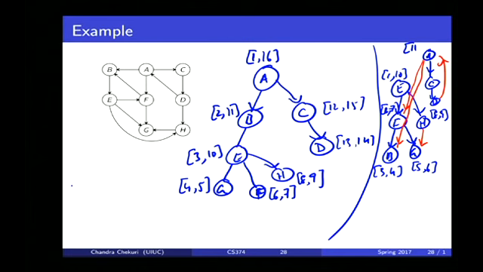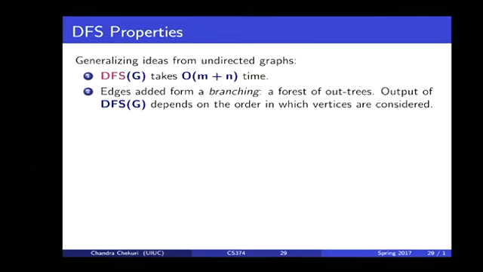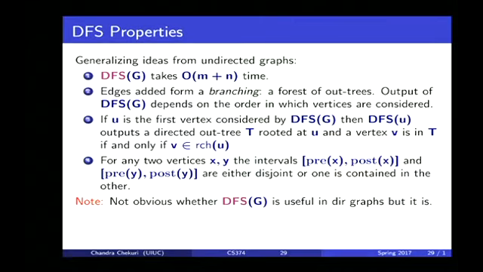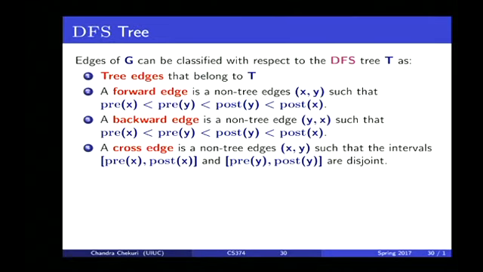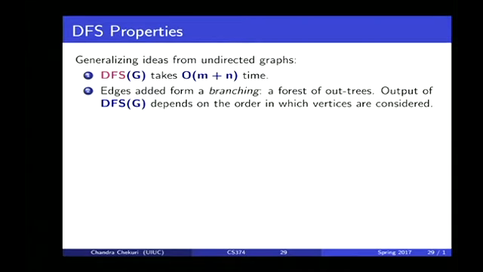I just drew the red edges, the non-tree edges. So there are no forward edges. It's a bit messy, I'm sorry, but that's how it is. What is a backward edge? A backward edge is a non-tree edge such that you go back from that node to one of its ancestors. In this case, is there such a non-tree edge?